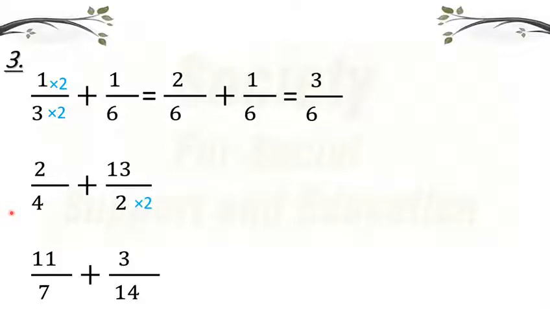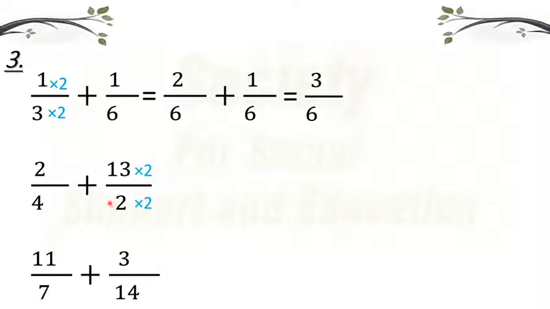Yes. 2 times 2. Also, when I multiply the denominator by a number, I must multiply the numerator by the same number. So if I multiply here by 2, I must multiply also up by 2.